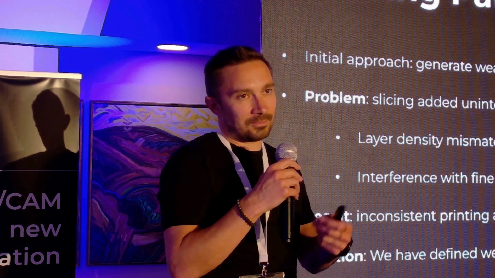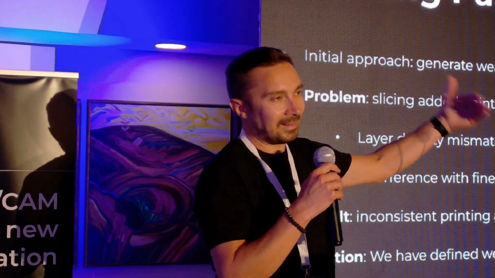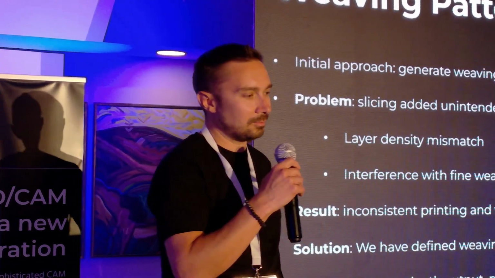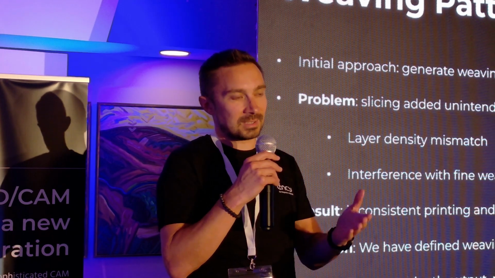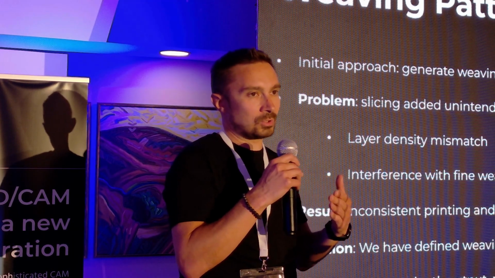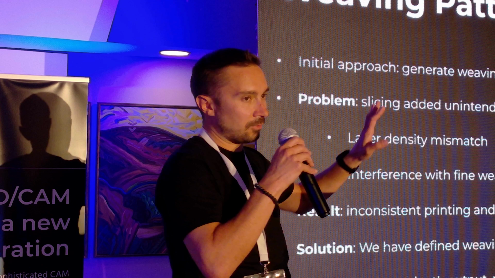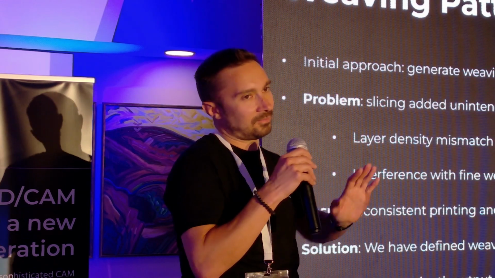But the problem is if we use, for example, 5D surfacing operation for additive manufacturing, 5D additive operation, they use surfaces. And if we try to generate such a trajectory from surfaces, we receive a bad result.